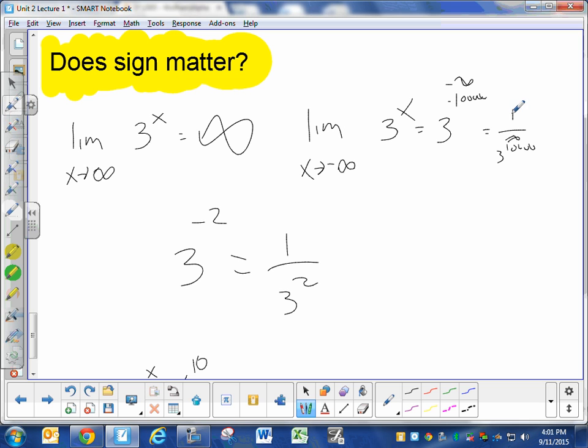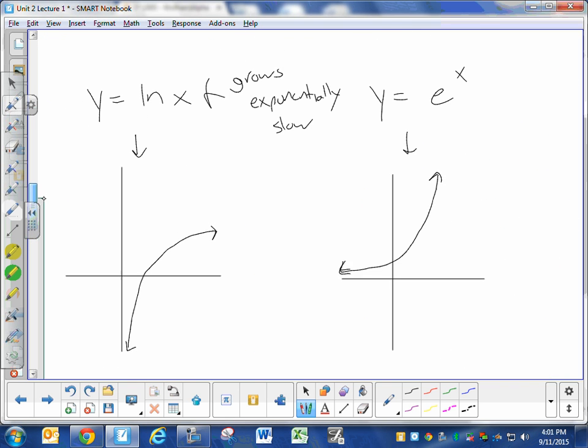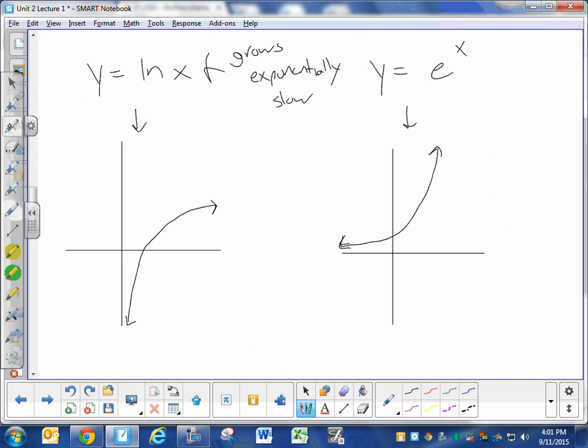Well, now I have a constant in my numerator. My denominator is going to grow faster and faster and faster. This is going to approach 0. So all of a sudden, this matters. And actually, this can be seen on the graph of any number to a variable power, like e to the x.